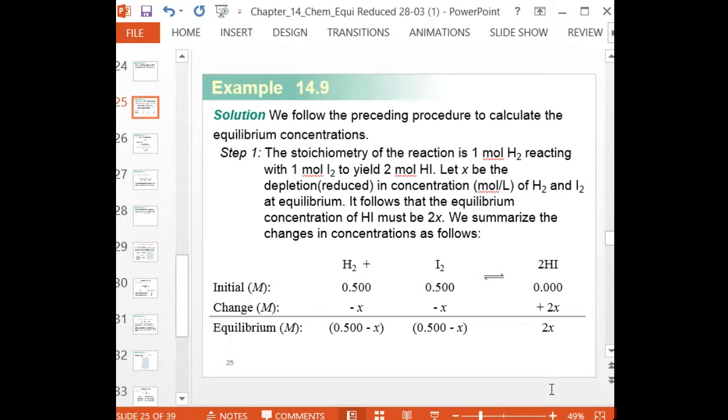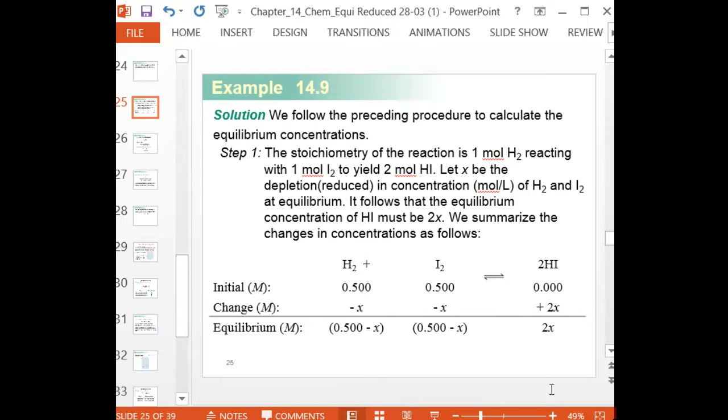Tell me, is this hydrogen and iodine reduced or increased in this case? My reactant changes to product, my friends. So the reactant always reduces and the product always increases. Reactant reduces, the reduction means minus. Increase means plus. That's all.